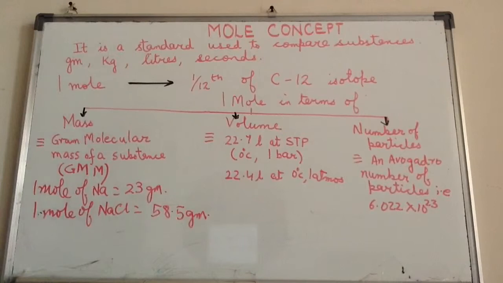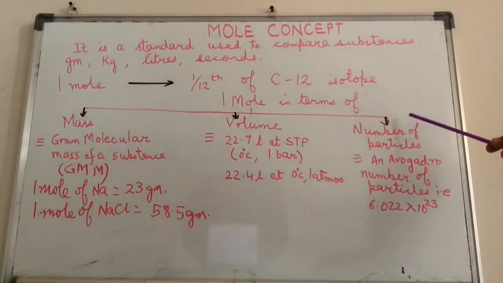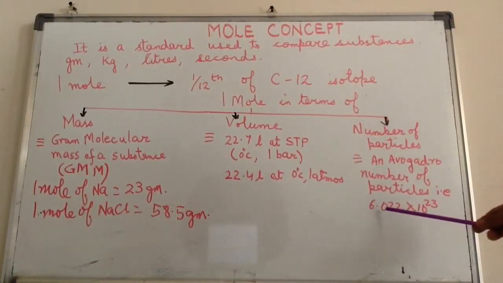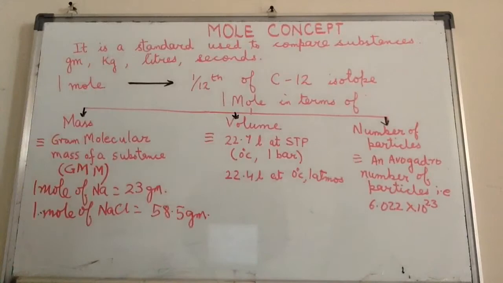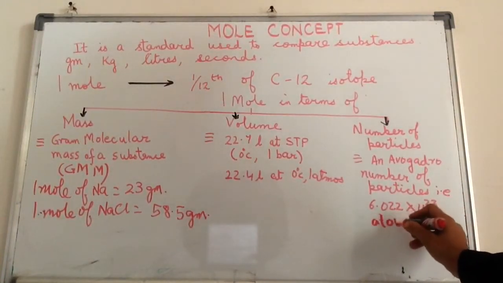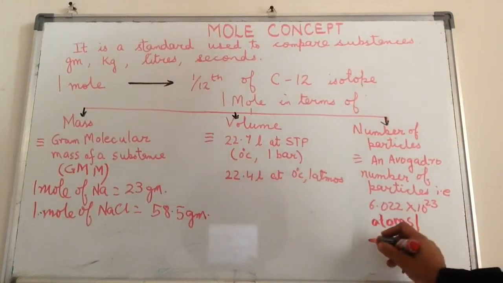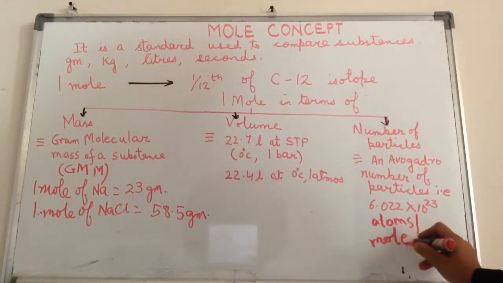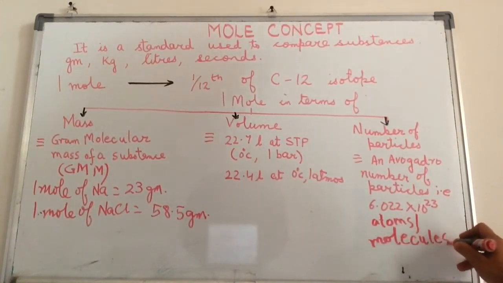Let us come to the third correlation, where I am correlating mole to the number of particles. So, when I say 1 mole of the substance, it simply means that it will have 6.022 into 10 to the power 23 particles. These particles can be atoms, they can be molecules, they can also be ions.